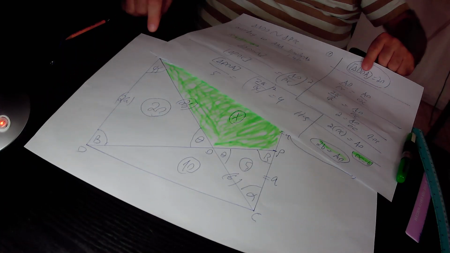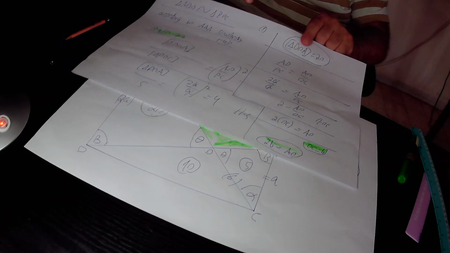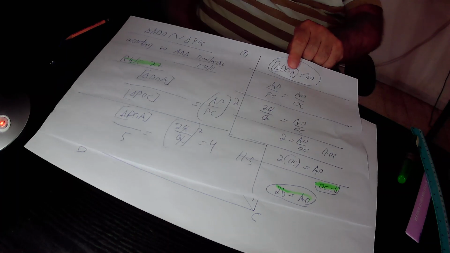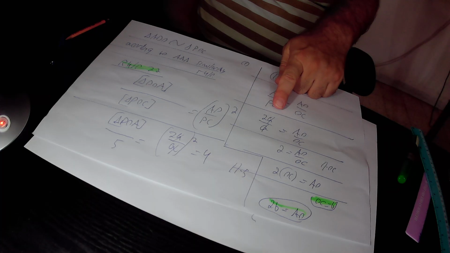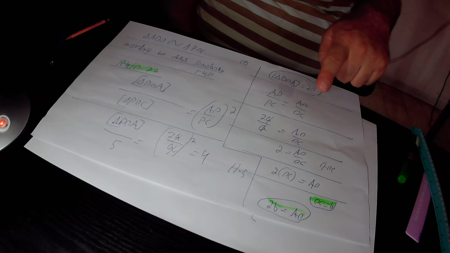AD is 2A over PC. PC is A, and it is equal to AO over OC. We have A in the numerator and A in the denominator, so A will get cancelled, and we are left only with 2 on this side of the equation.